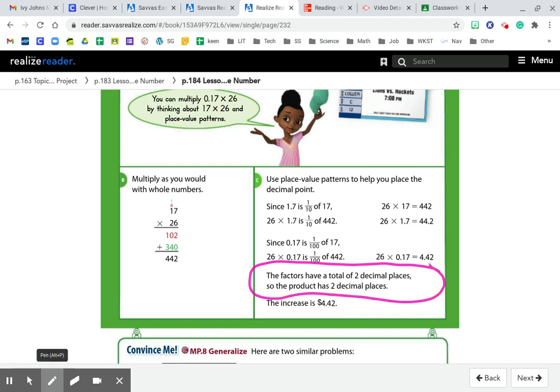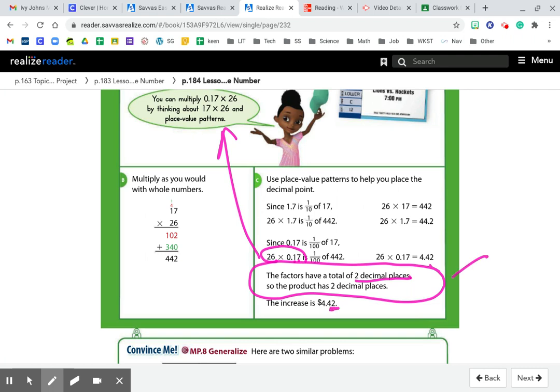There are 2 digits in decimal place value in the problem. Here's the actual problem right here, from up here. The only 2 digits are a 1 and a 7. So the factors have a total of 2 decimal places. They both happen to be in one factor, but there's a total of 2 decimal places, so the product has to have 2 decimal places as well.